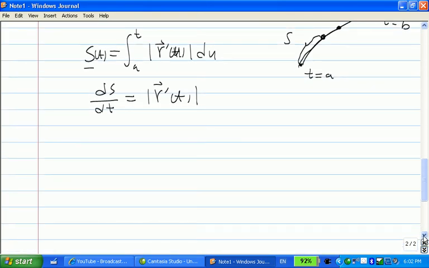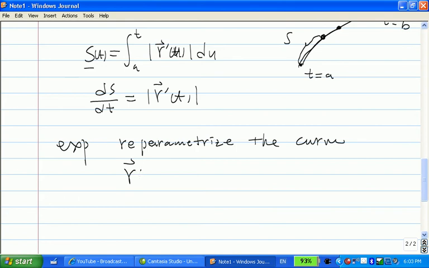Okay, now let's look at an example. In this example, we want to parameterize the curve. I give you a vector function, which means I give you a curve.